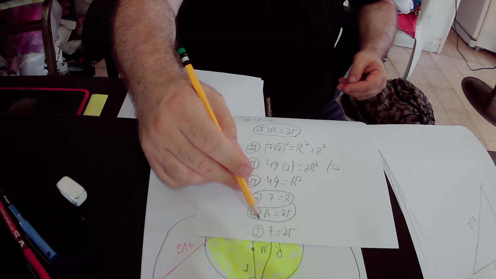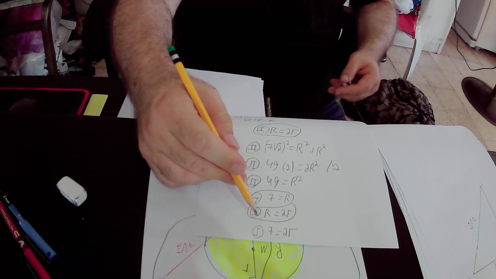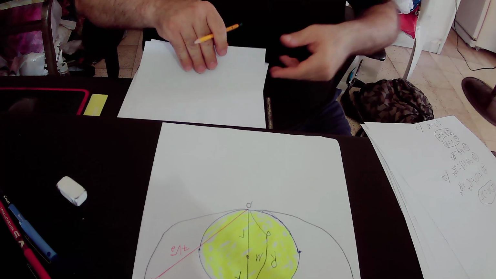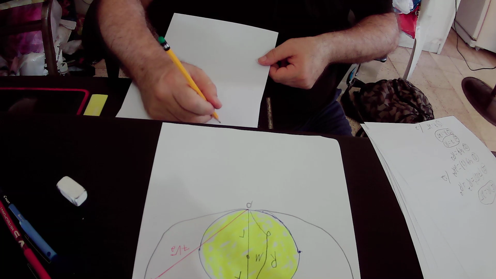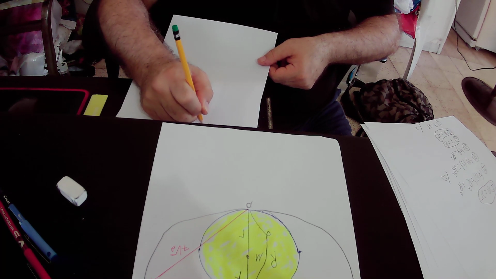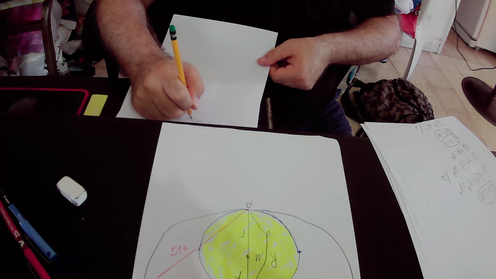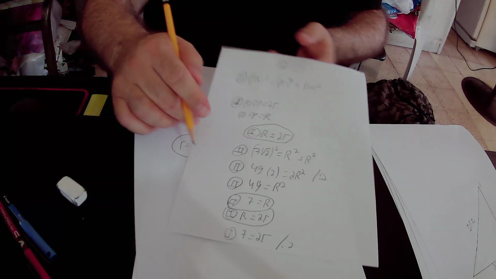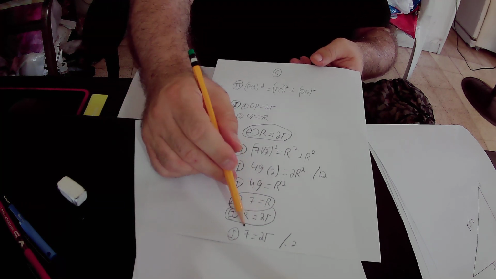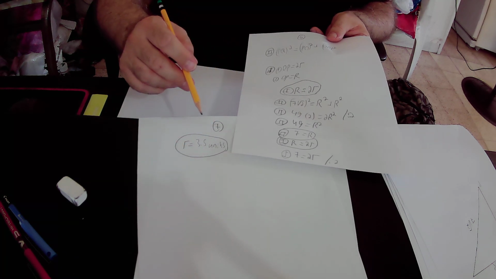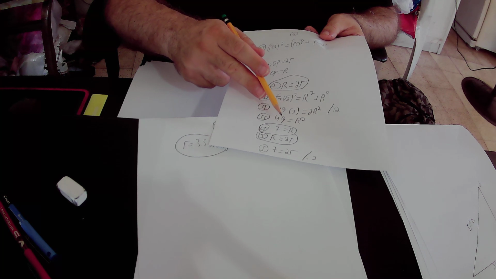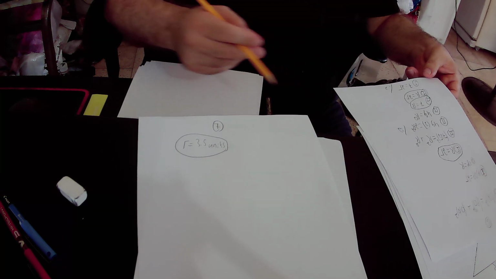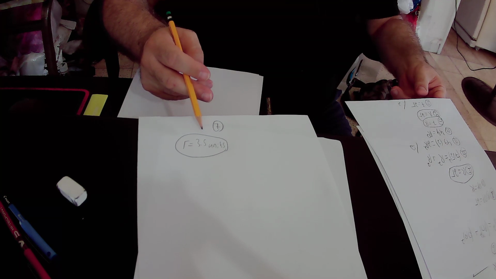Here we can divide the equation by 2. So we divided the equation by 2. 7 divided by 2 equals 3.5. 2r divided by 2 equals small r. 2 times small r divided by 2 equals small r, and 7 divided by 2 equals 3.5 units.